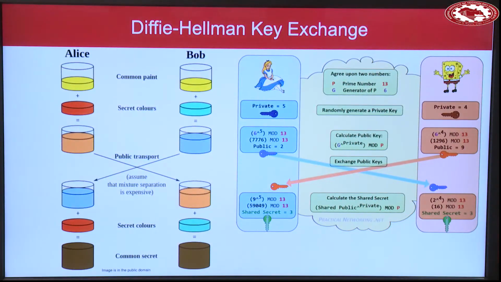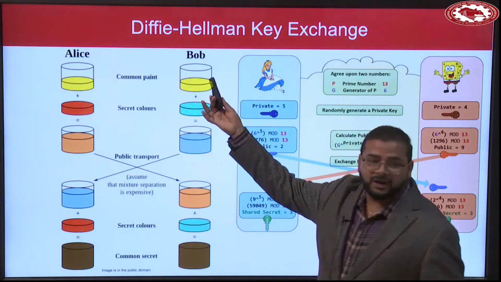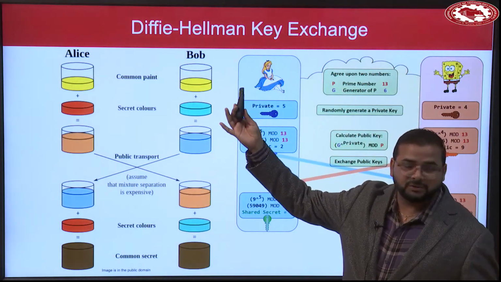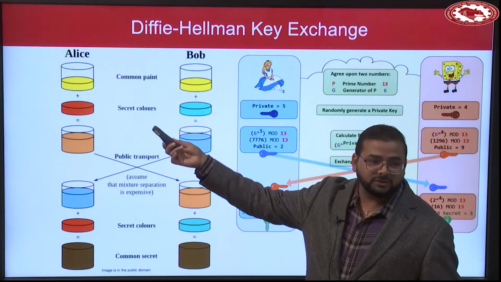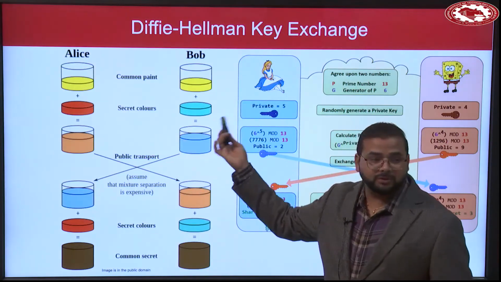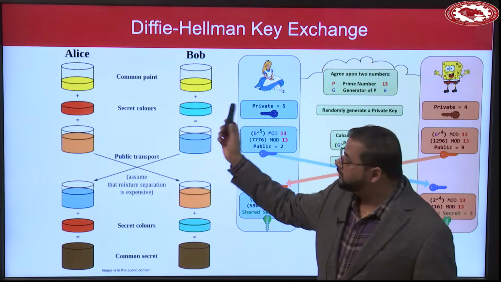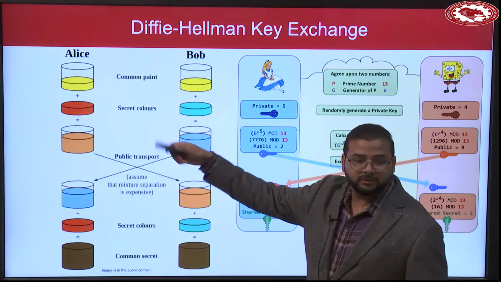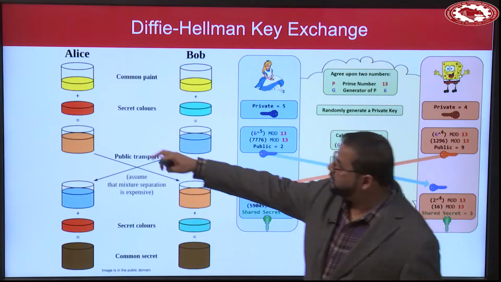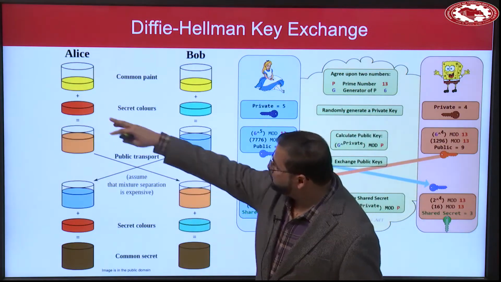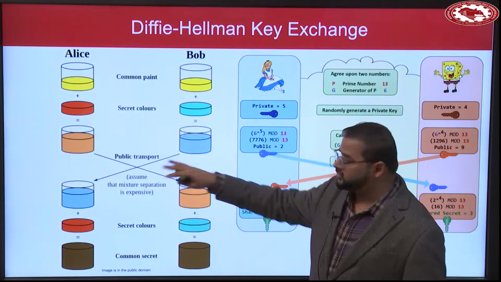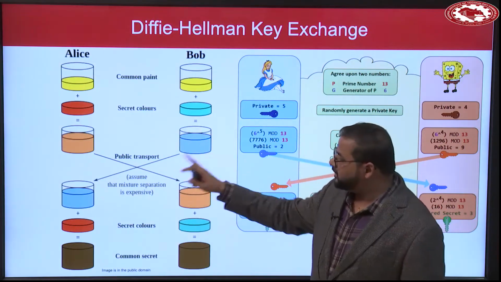Simplistic way: this is n and g, common parameters. Alice can generate a random number, orange color. Bob generates a random number, blue, whatever. They exchange and mix it, right? So they mix this, which is capital A and capital B, and they exchange it.